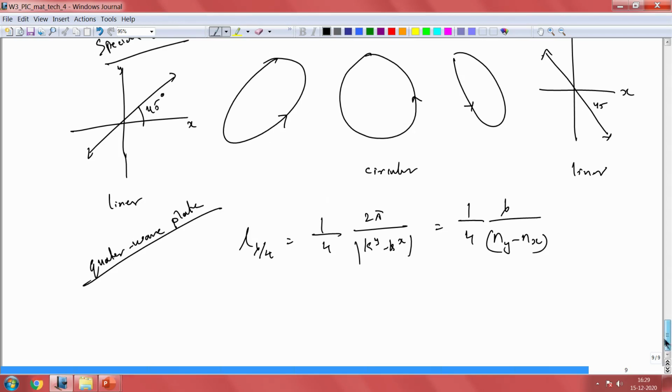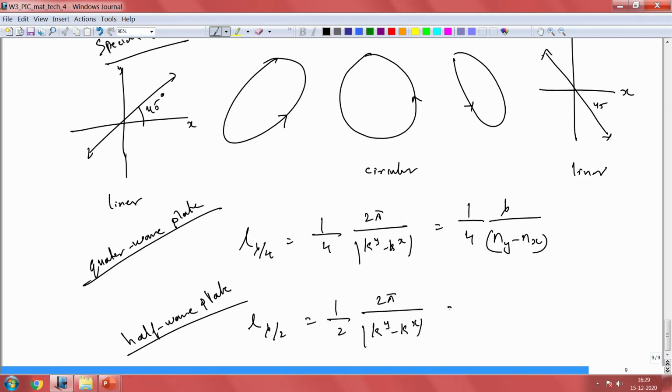And now for half wave, that is L equal to lambda over 2, this 1 by 2 pi ky minus kx, which is nothing but lambda over 2 times ny minus nx. So this should be under modulus. All right. So this is how you can find whether you need a quarter wave conversion or half wave conversion.